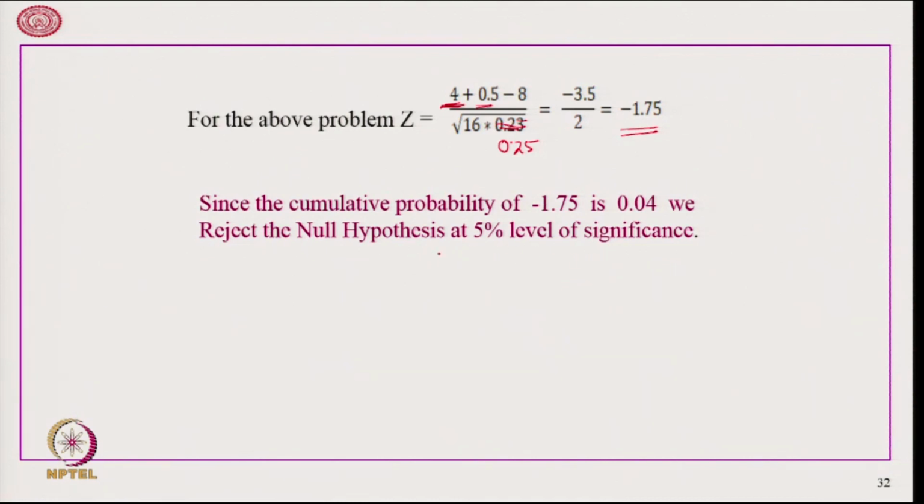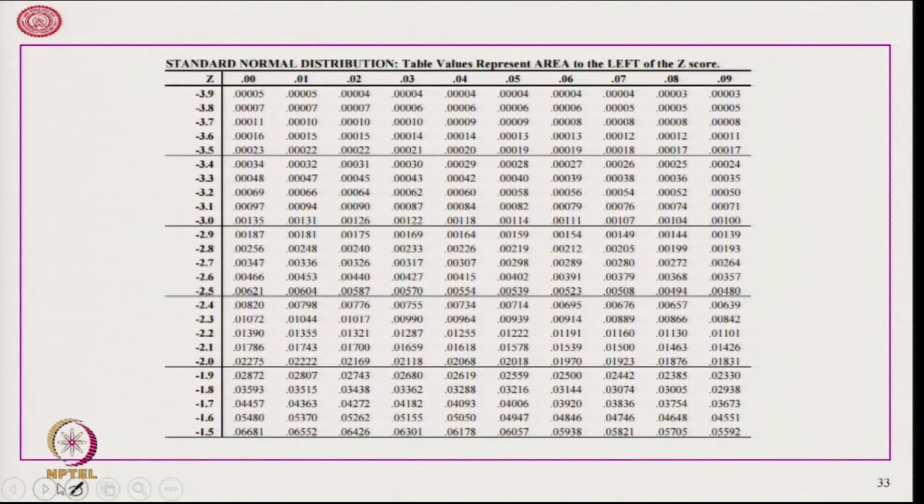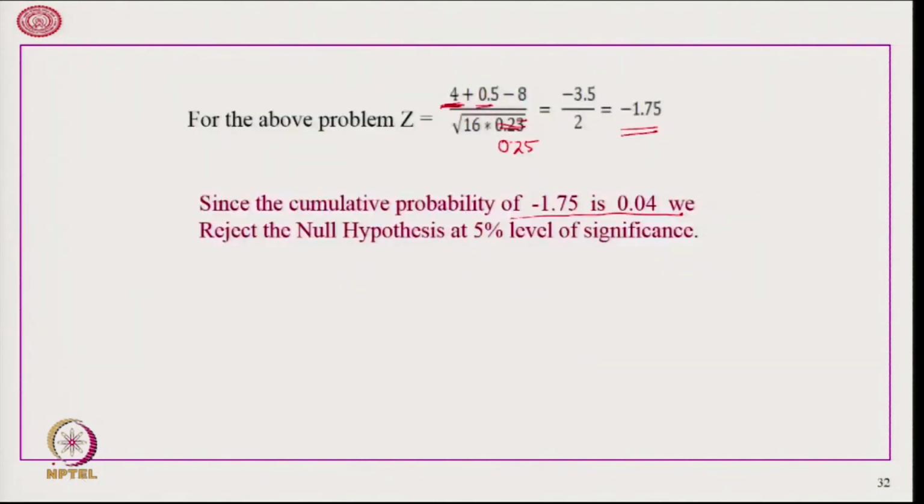of significance. What does it mean? Those who are not familiar with this, for them let me explain. We go to the normal table and the observed value of the statistic, if you look at it, it was minus 1.75.